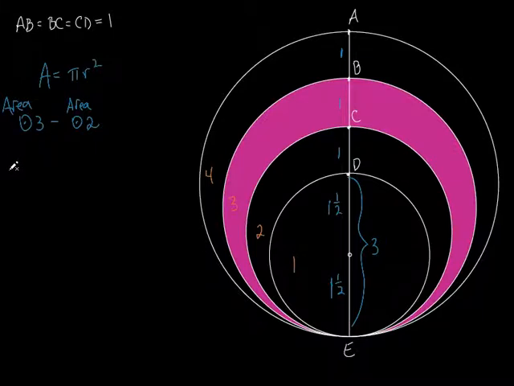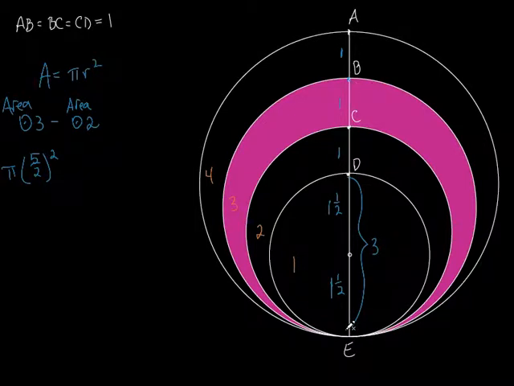So the area of circle 3 is going to be pi times the radius, which is 5 over 2, squared. Do you see where I got the radius? From B all the way to E is the diameter of circle 3. If I count, that's 1, 2, and then that whole thing is 3, so that's 5 altogether.